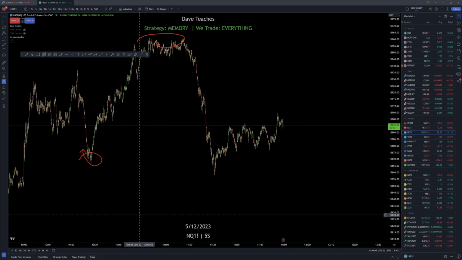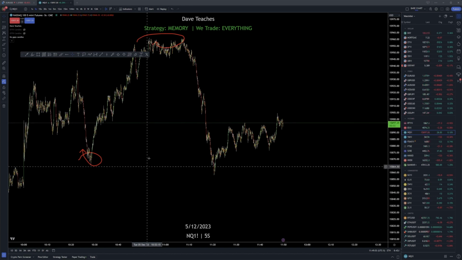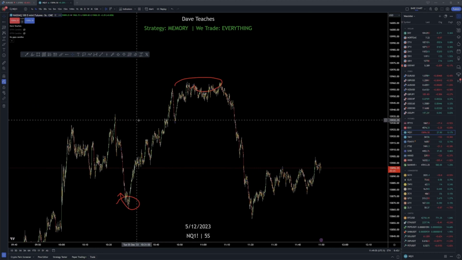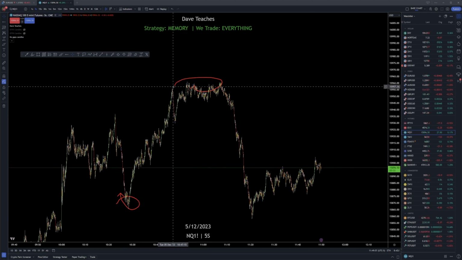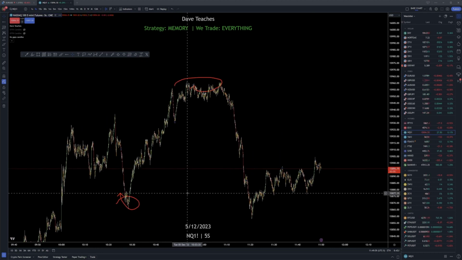You have to know when. But the 5 second is going to do the same thing. You see how we talked about the toilet paper people? We mentioned that from the 5 second, and then we said the 1 minute toilet paper people were being created.